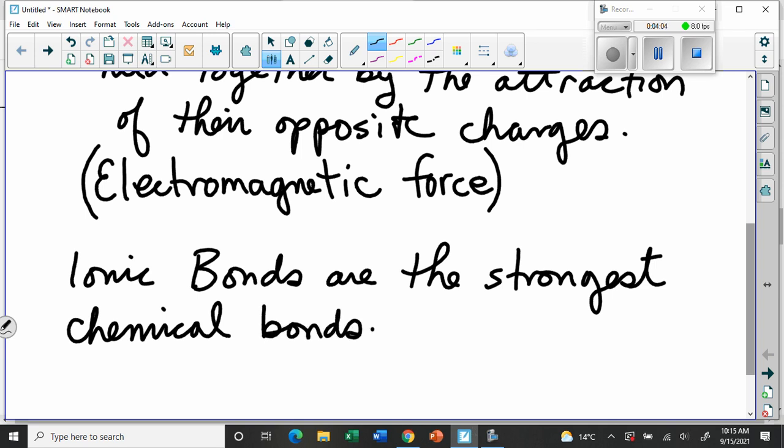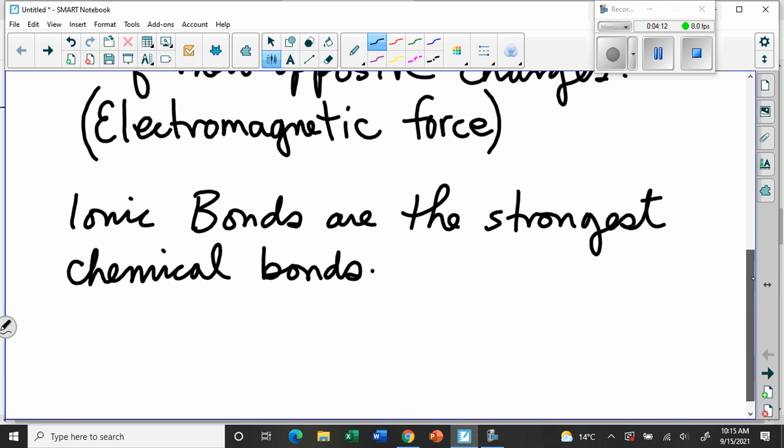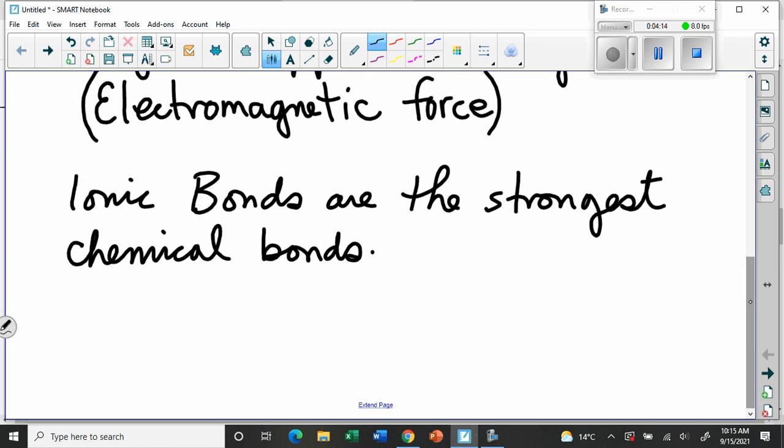Because the bonds are so strong, it makes it very difficult for these ions to fall apart. So they're very tough and brittle, right? They tend to be very hard. So maybe I'll put little dashes here for each of the properties. They are the strongest bonds.